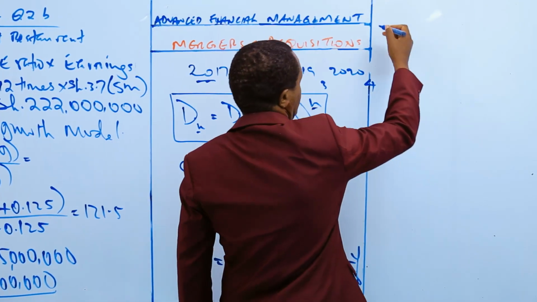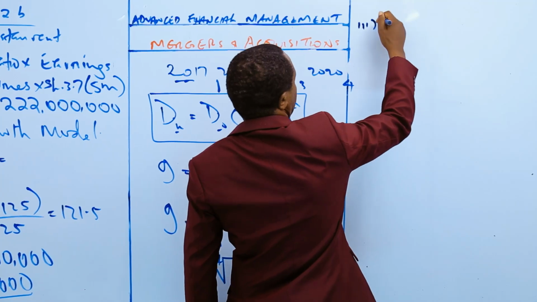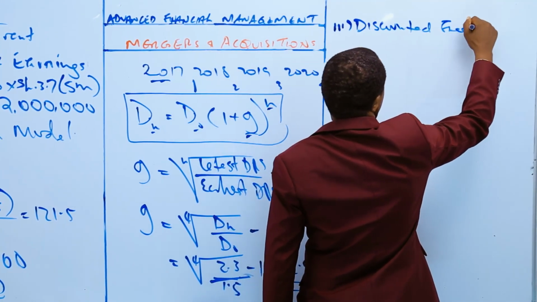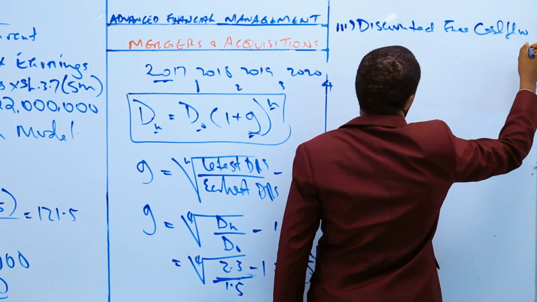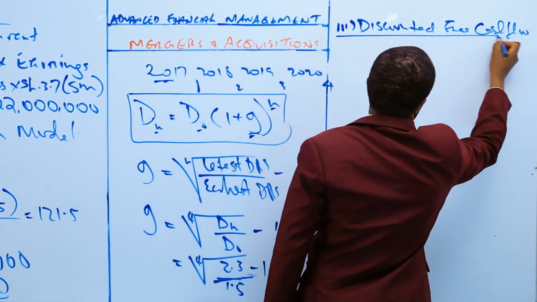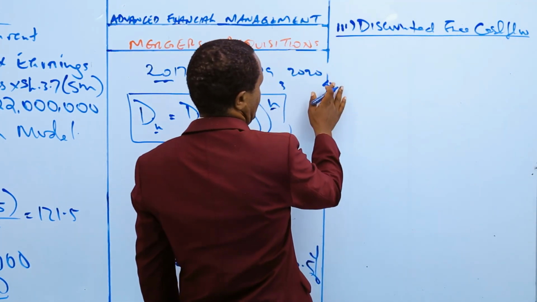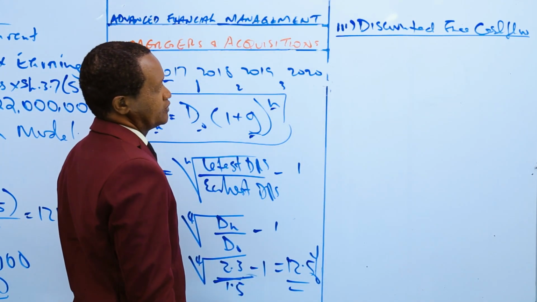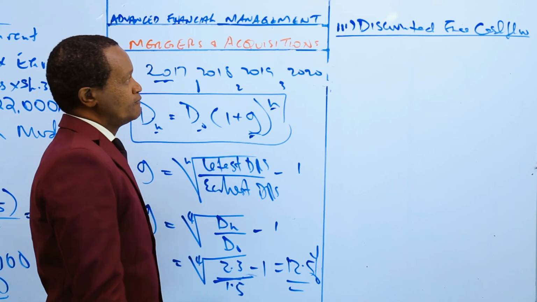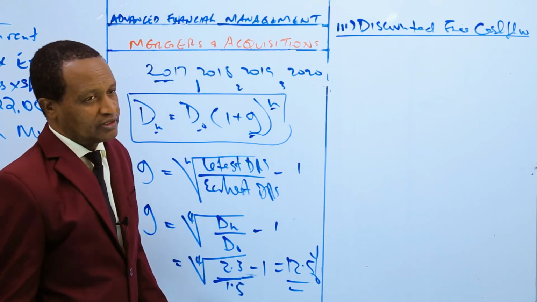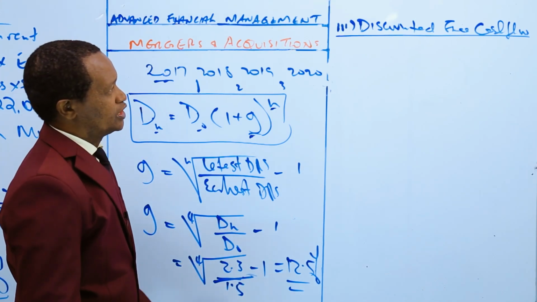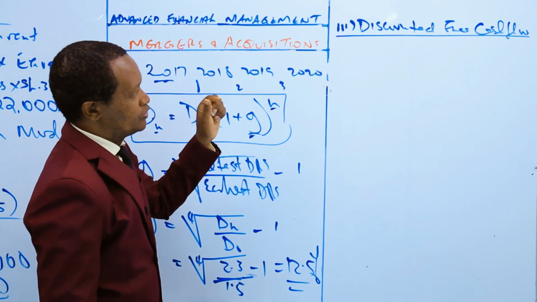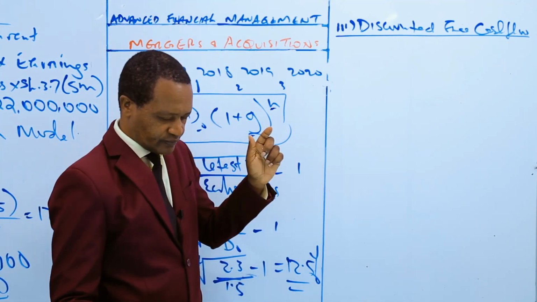This is Roman 3, discounted free cash flow. As the name suggests, we get the future values of these cash flows, then we discount them. That will give us the value of the target using the discounted free cash flows basis.